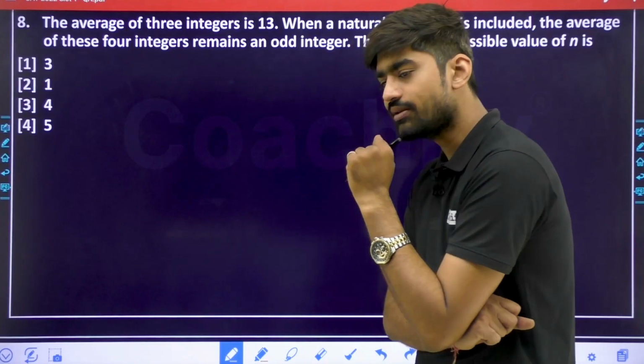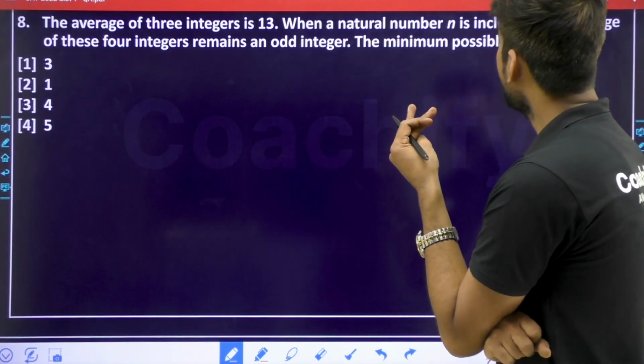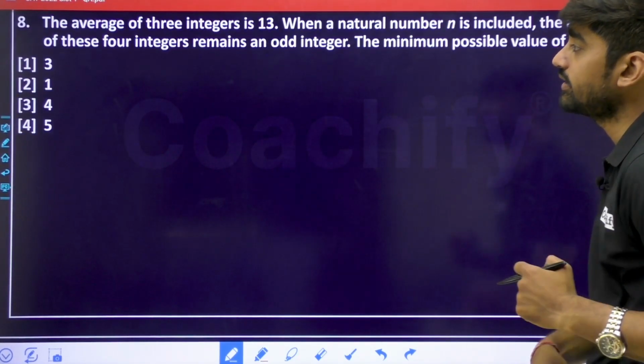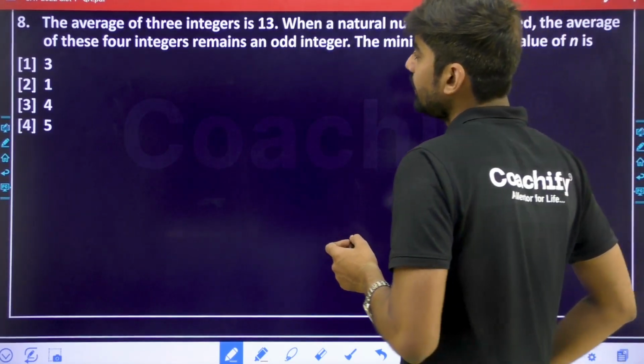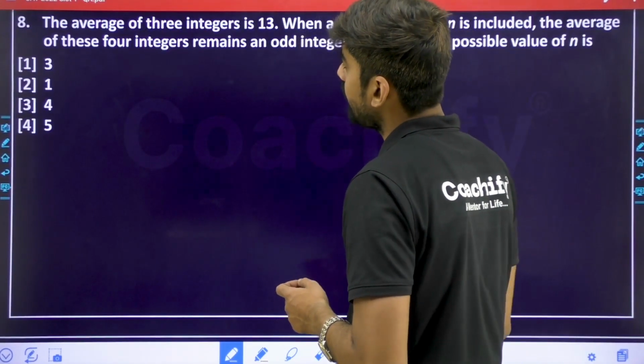This question can be quickly solved with the help of options. The question is asking you to find the minimum possible value of n for which the average remains an odd integer.